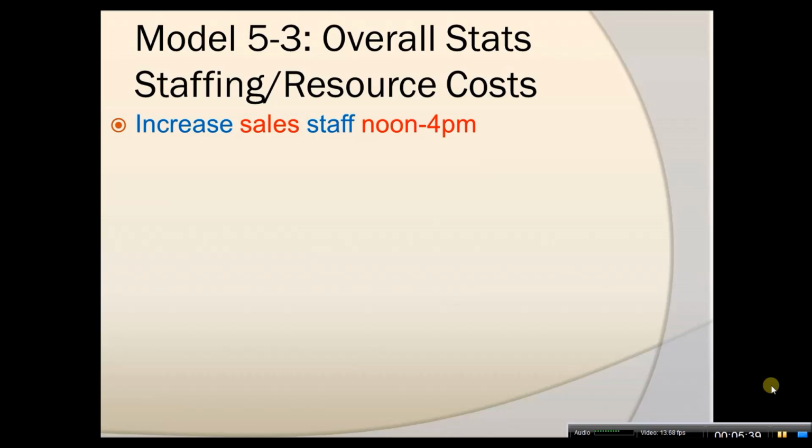Well, if you remember in model 5.2, when we ran our model and observed the reports, it was clear that during certain periods, because we collected statistics on the work done during different periods and the number of rejected calls during those periods, we lose a lot of calls during periods 5 through 8.